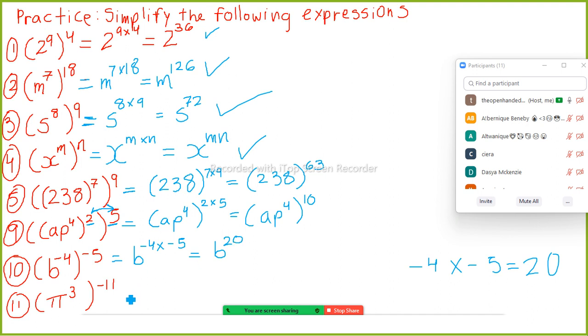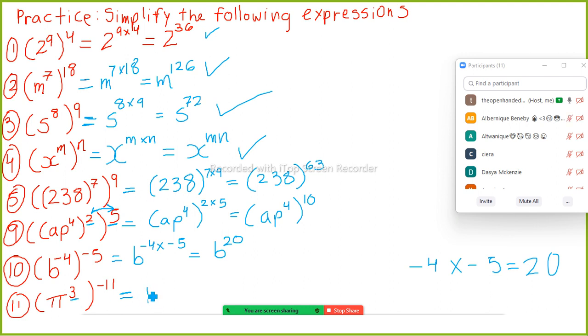Alright, next up, this one is for Albernic. Okay, so I got pi to the power of negative 11. Sure? What about the 3? I mean negative 33. Alright, excellent.